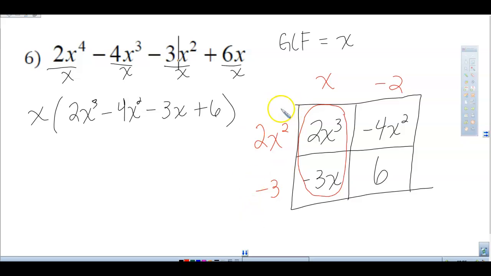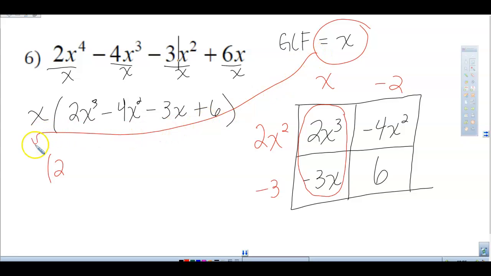So then just write these together. Oh my bad. I do have a GCF this time, so make sure you put the GCF out front. And then we get the 2x squared minus 3 and an x minus 2. I forgot to ask in the last question if we had dots, but we didn't.